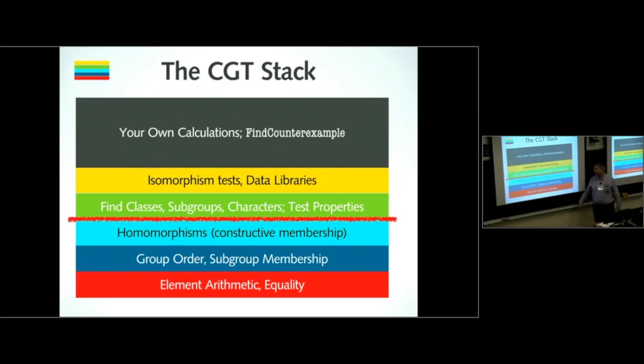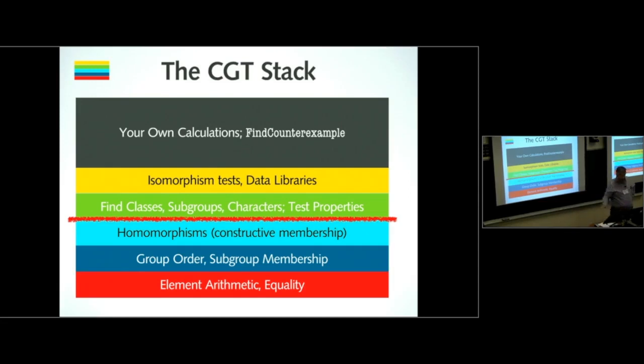You might want to build libraries of groups. You might want to test isomorphism of groups. Well, you might even have some own calculation. You might want to see, is there a counterexample to my conjecture? Okay, so that's the basic thing. That's in some way the levels of tasks which one might want to do. I will mostly focus on what is happening here because, yeah, things become more complicated.